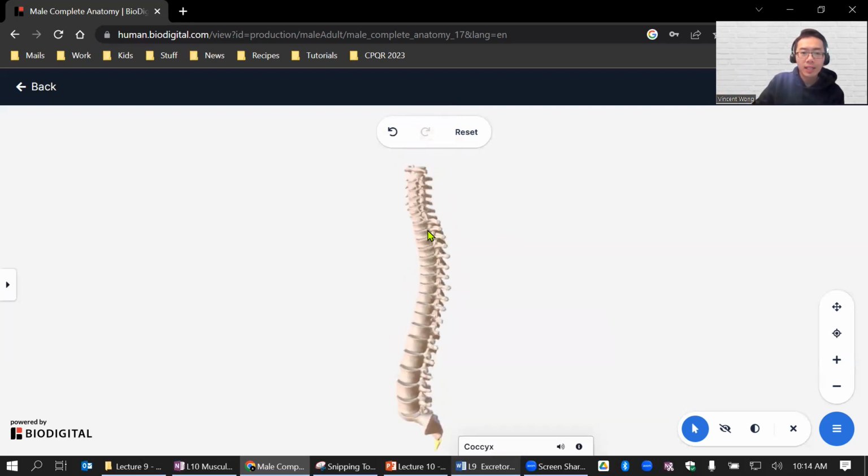Now, each of these things is called a vertebra. Okay, vertebra, and the plural for vertebra is vertebrae, B-R-A-E. So you have 7 cervical vertebrae, 12 thoracic vertebrae, and 5 lumbar vertebrae.